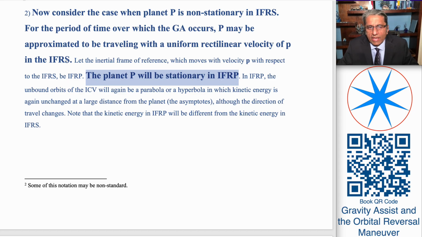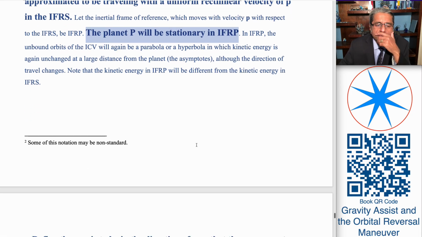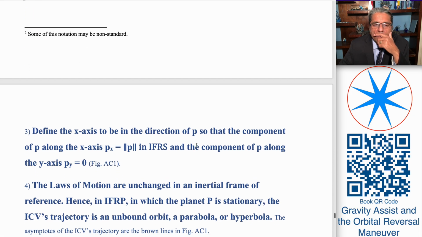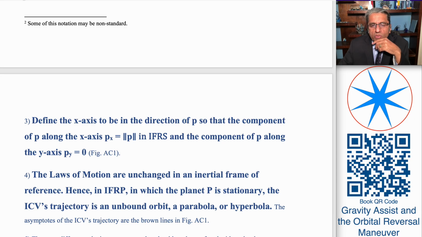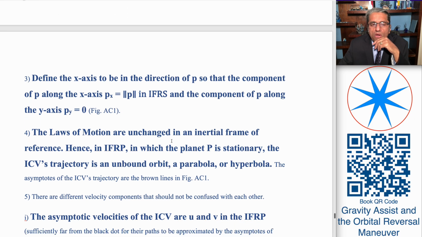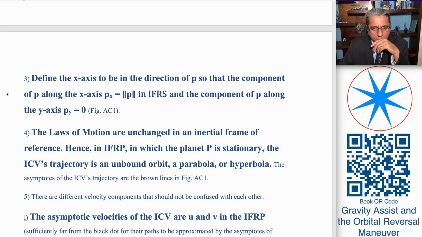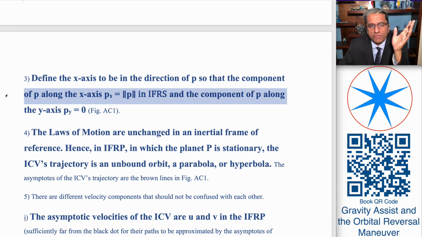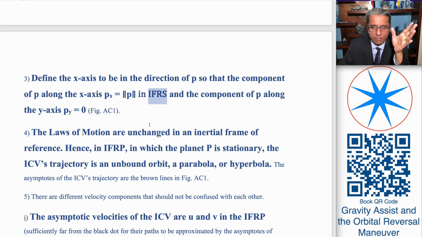P is for planet, S was for solar. Now define the x-axis to be the direction of motion of the planet. So the velocity of the planet, P, in IFRS, the solar inertial frame of reference, its magnitude will be P, and the component along the x-axis will be 0.